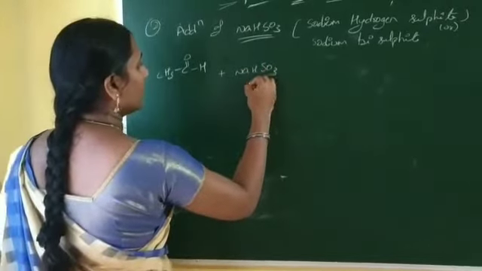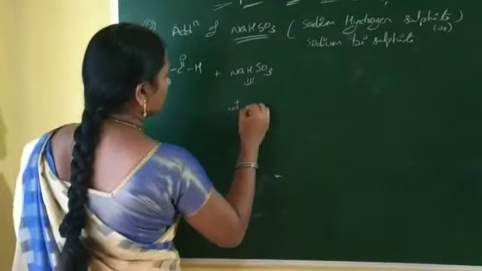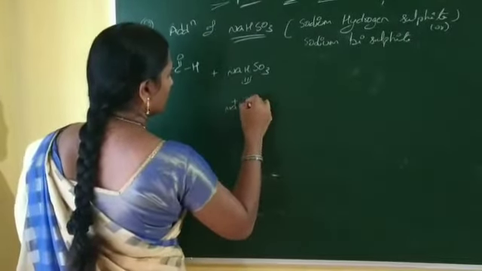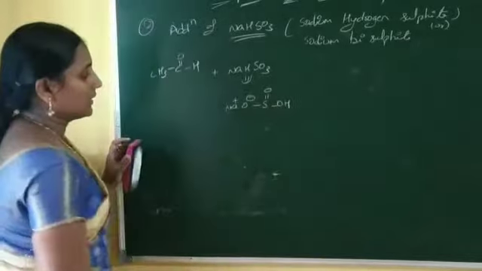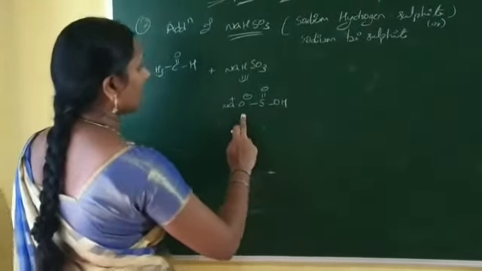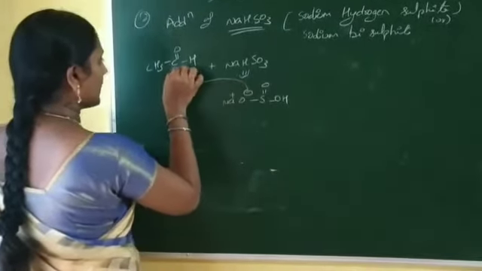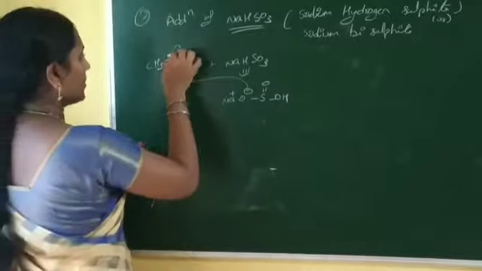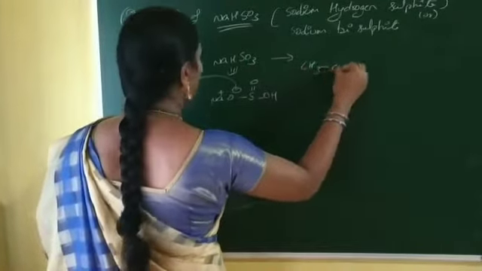The structure of sodium hydrogen sulfite is Na plus, O minus, S double bond O, OH. In this, the sulfite ion acts as the nucleophile. That nucleophile directly attacks the carbon, and immediately the double bond shifts to the oxygen side to form the CH3 oxyanion.